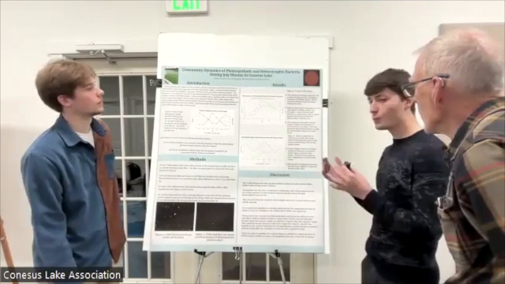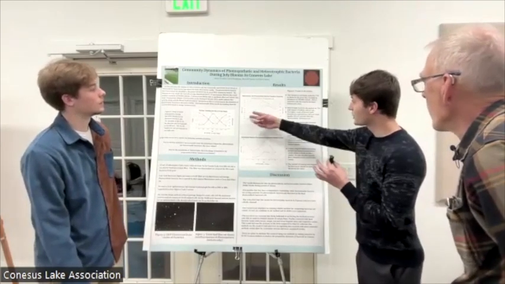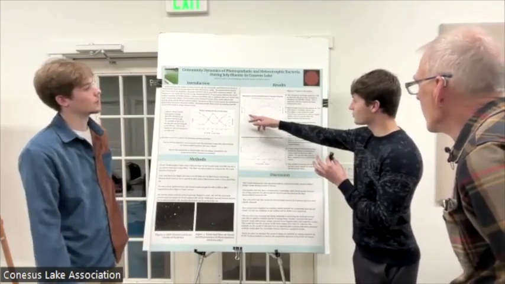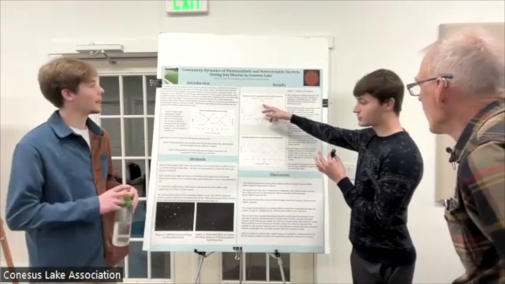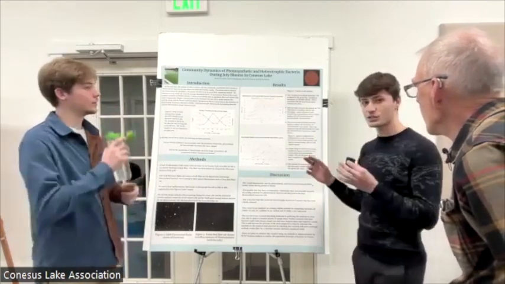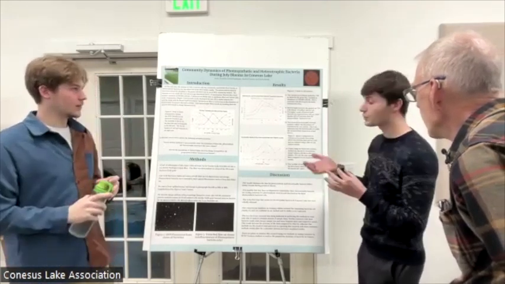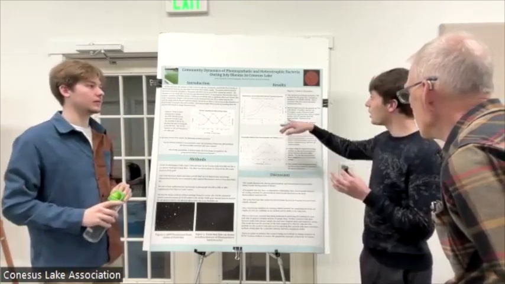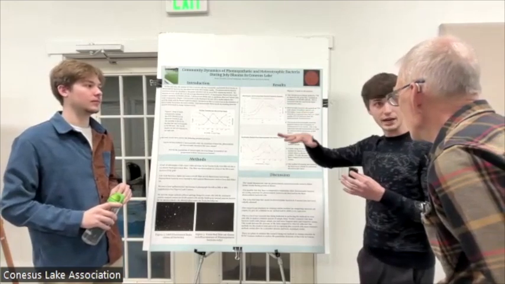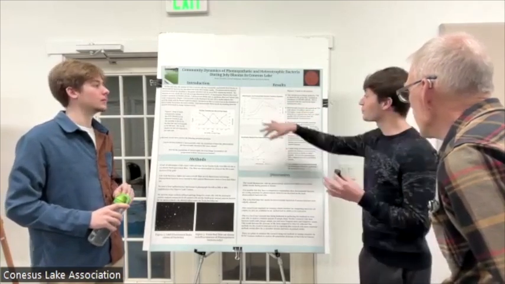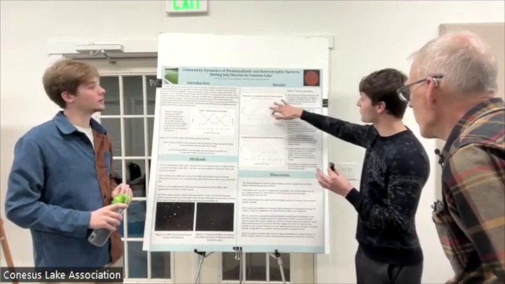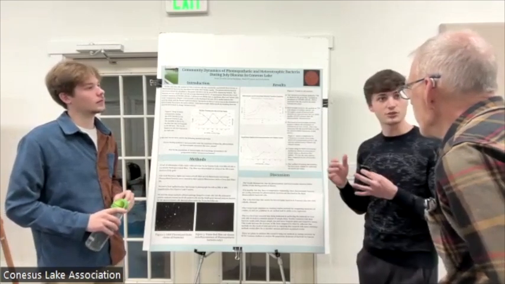And as we were hoping to observe, they increase together, and they peak at the same time, and then they decrease at about the same time. This is likely because the heterotrophic bacteria feed on the photosynthetic bacteria when they die off. So we were expecting to see them have an interlinked relationship to each other.